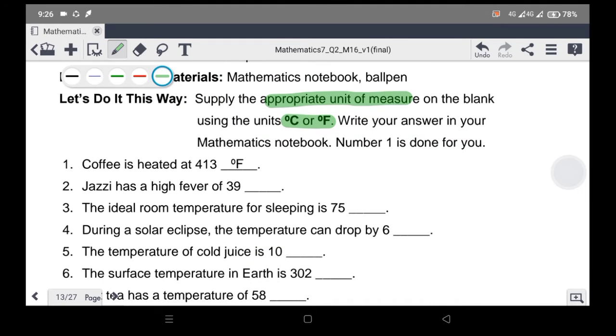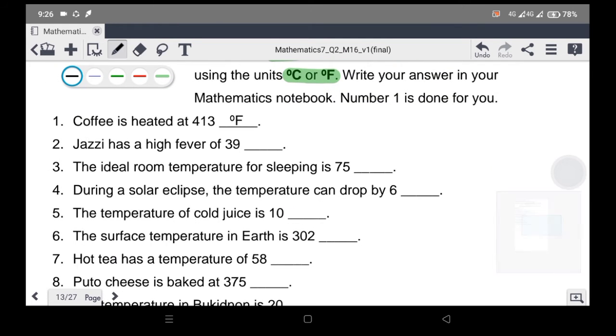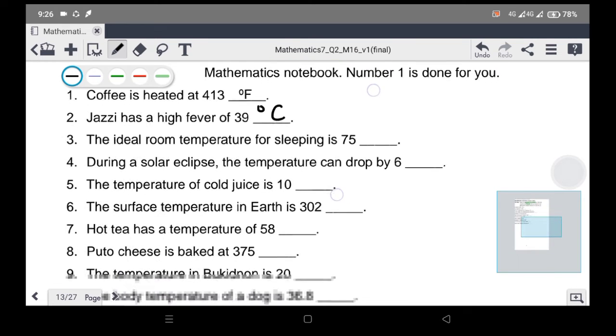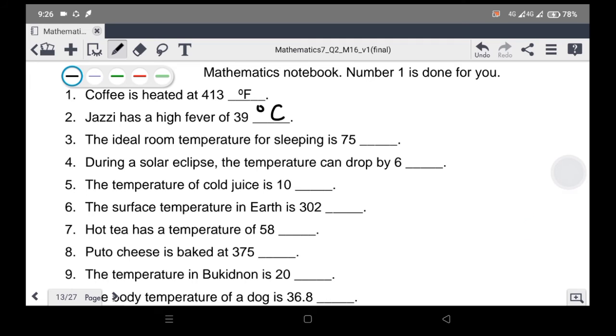A coffee is heated at 413 degrees Fahrenheit. Next, Jassy has a high fever at 39 degrees Celsius. The ideal room temperature for sleeping is 75 degrees Fahrenheit.